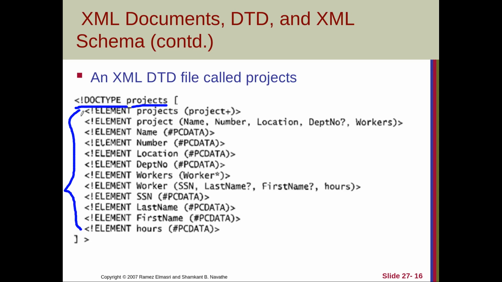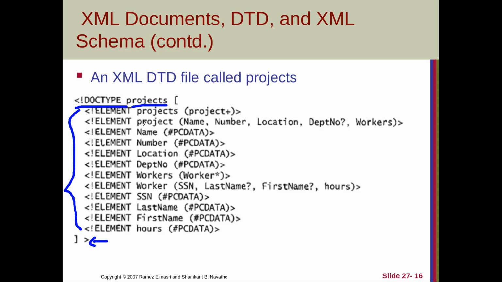In between, we need to specify the different elements and their properties, that is, the conditions to be followed. Finally, it must end with the right angle bracket. Then this entire document is saved as filename.dtd, and this DTD can be brought into the XML document that we are going to make a valid XML document.